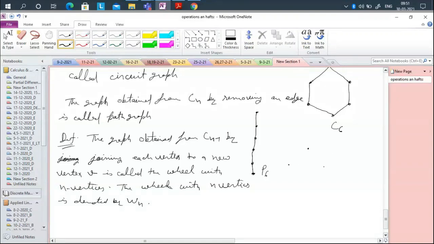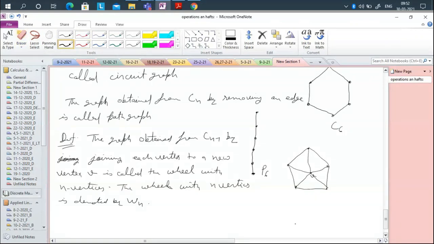See, this is C5, a cycle graph with 5 vertices. Whenever we add an extra vertex V and join each vertex with the new vertex, it becomes a wheel graph.